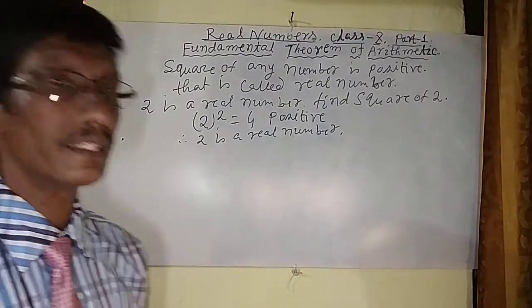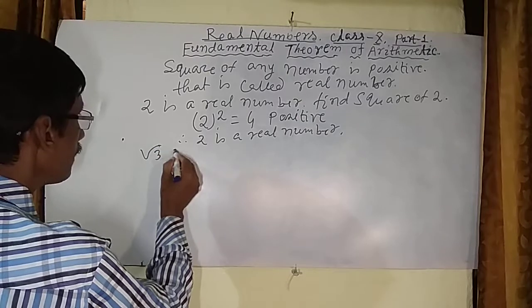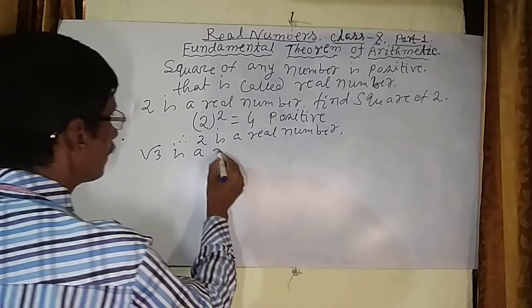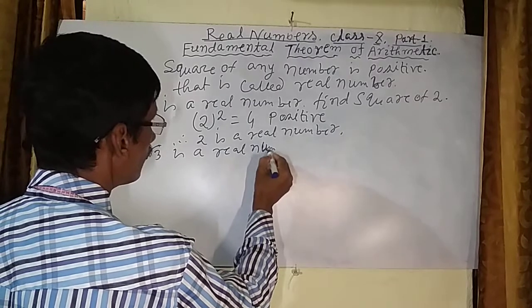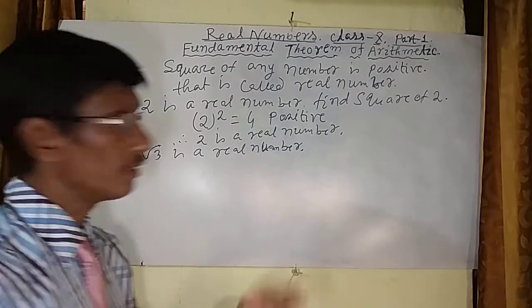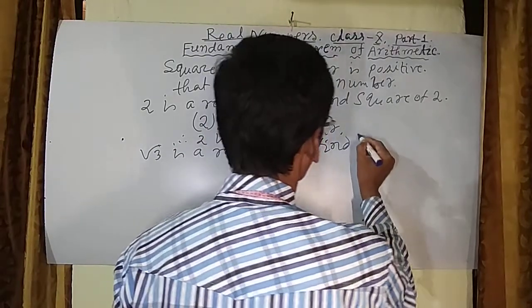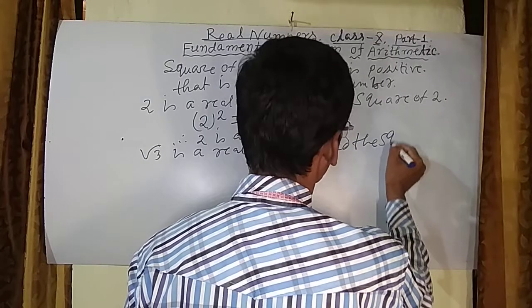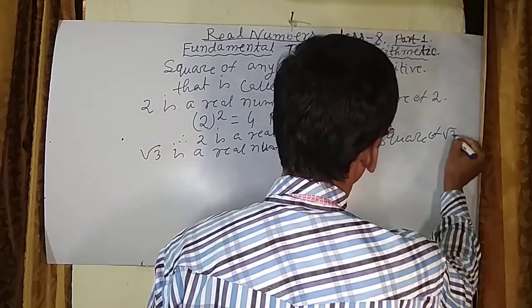Okay, another example, for example, root 3 is a real number. So first of all, you find the square of root 3.